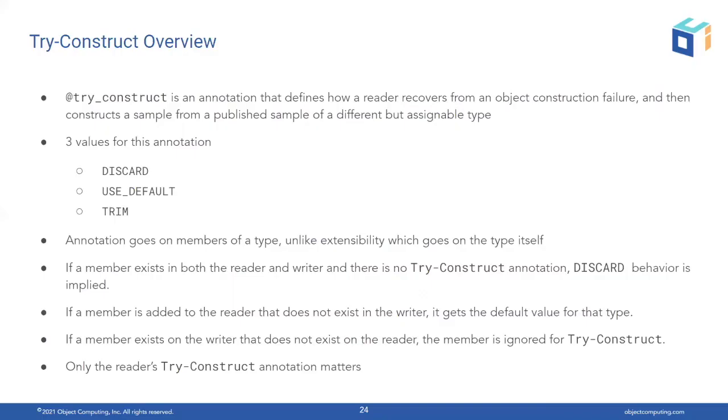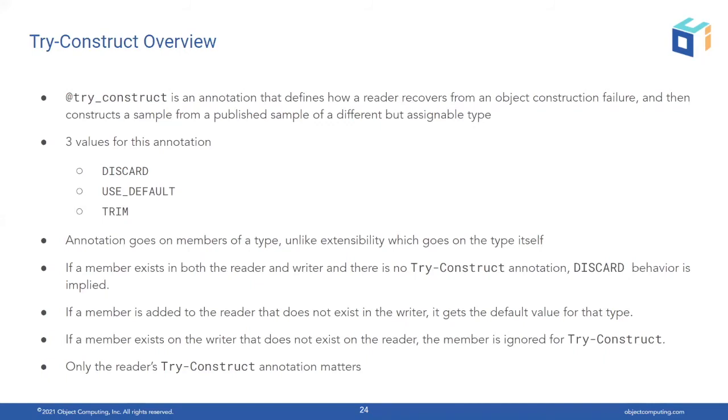Try construct is an annotation that defines how a reader recovers from an object construction failure. And that will in essence happen when you have two different but assignable types communicating with each other. So there are three different values for this annotation: discard, use default, and trim.